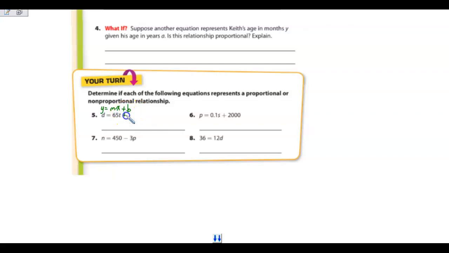But if I did, b is 0, isn't it? So because there is no b, then the equation is showing us that it is a proportional relationship.